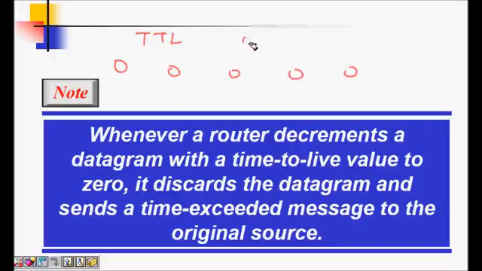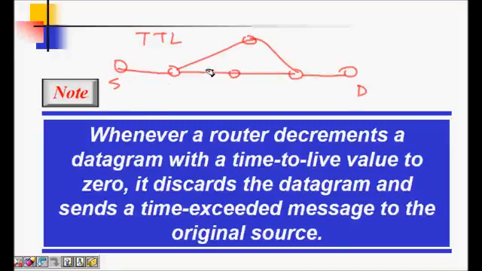For example, if there is a loop in your routing table, then what will happen? Let's say this was the source, this was the destination, but somehow a routing loop was created. If a packet falls in the loop, it will keep on moving in this loop forever, and the bandwidth will be wasted.